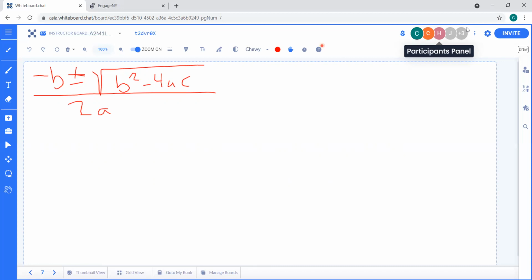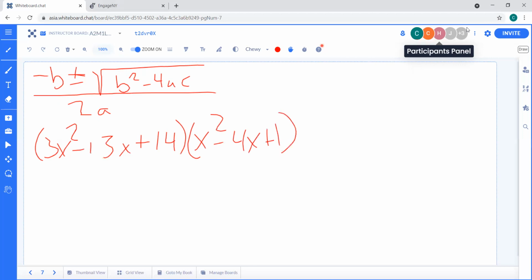Normally that one's the harder one. So let's look at it. 3x squared minus 13x. So definitely let's look at this first one here. Opposite of b would be 13 plus or minus the square root.